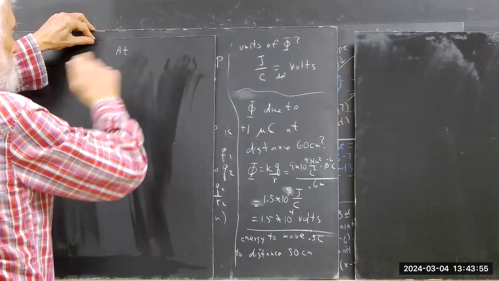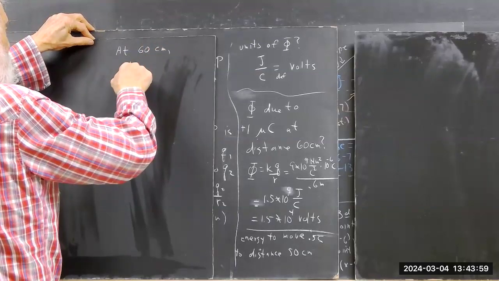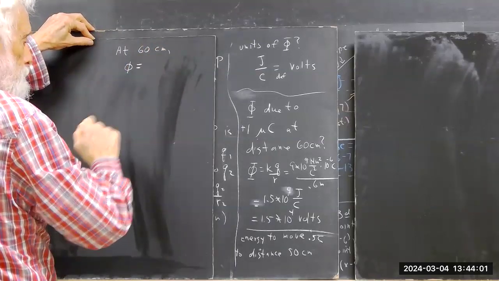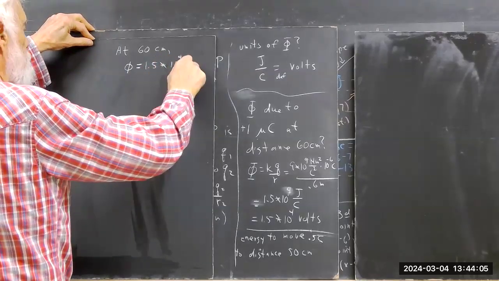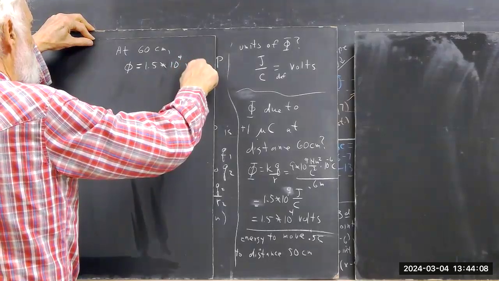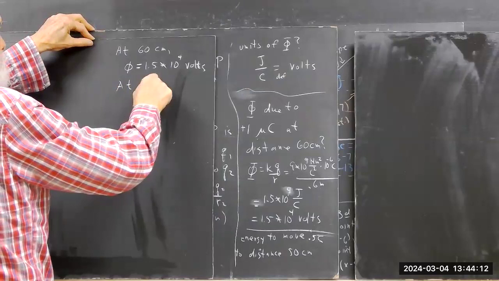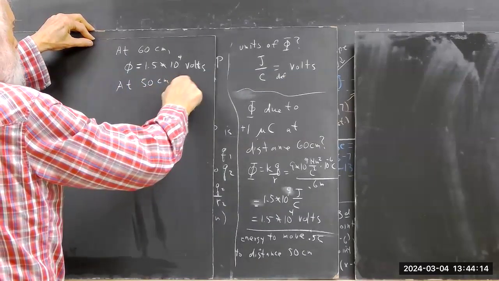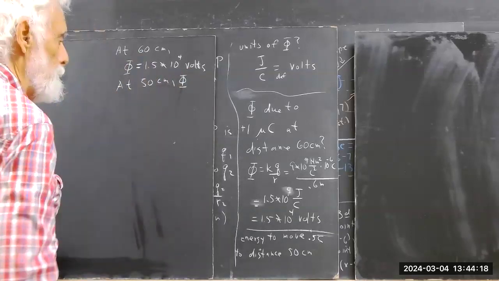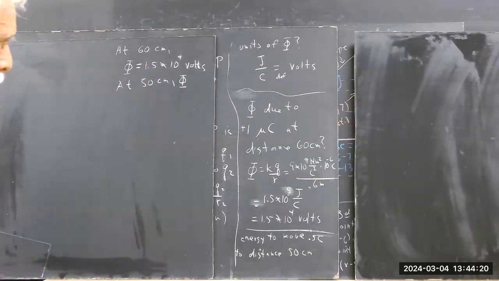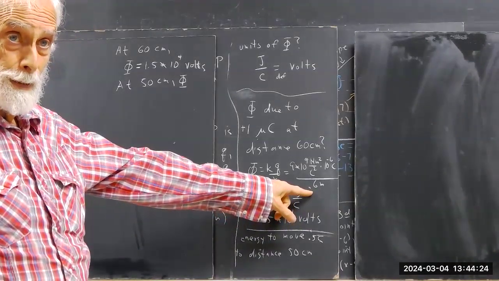Well, at 50 centimeters, you're just going to have a 0.5 in the denominator, right?